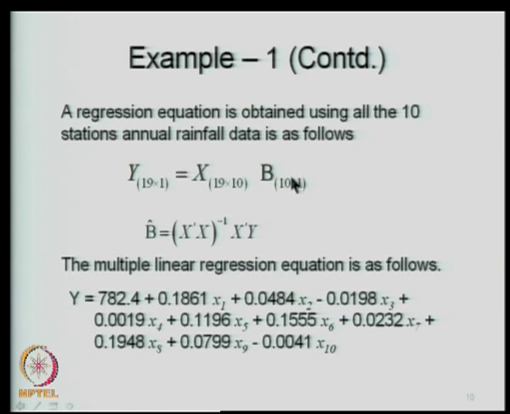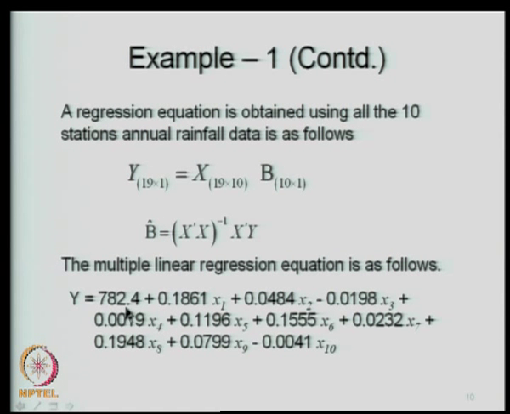So, this is 10 by 1. So, you get beta cap as (x dash x) inverse x dash y. This is from your original regression.